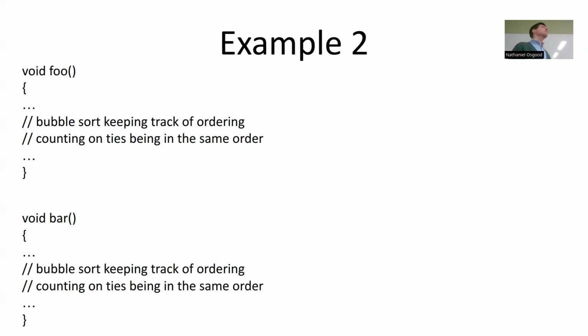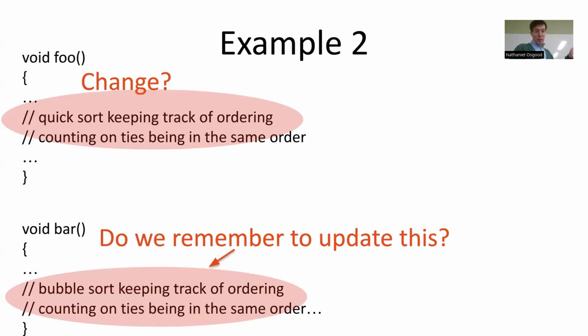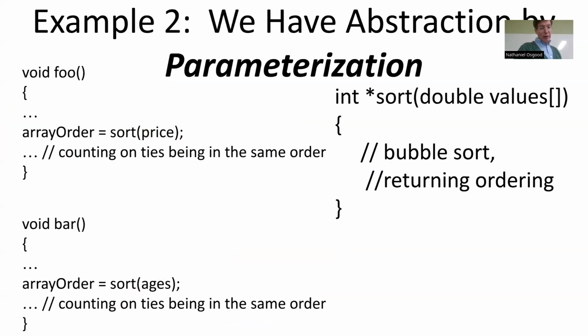Now, I hope your heart yearns to abstract this out for the same reason we saw, right? And for the same motivations, right? That if you go and try to change it one place, you may want to propagate changes elsewhere. Now, it's a bit more subtle here, as we'll see.